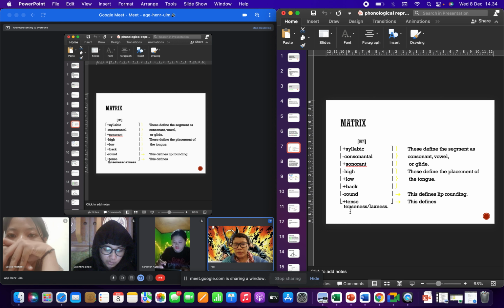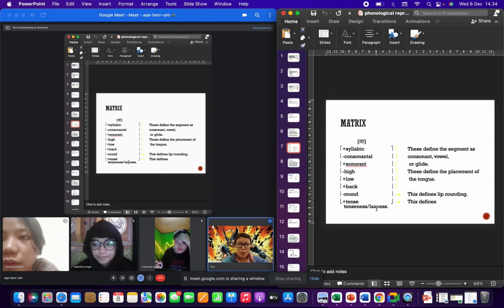Or if it is tense, whether your tongue is in a tense position, tense means that it is strong, or in a lax position. If it is lax, it means that the tongue is flexible, soft, such as when we say this, our tongue is lax. When we say E, our tongue is in a strong position, our tongue is hard. So we will see the differences here.